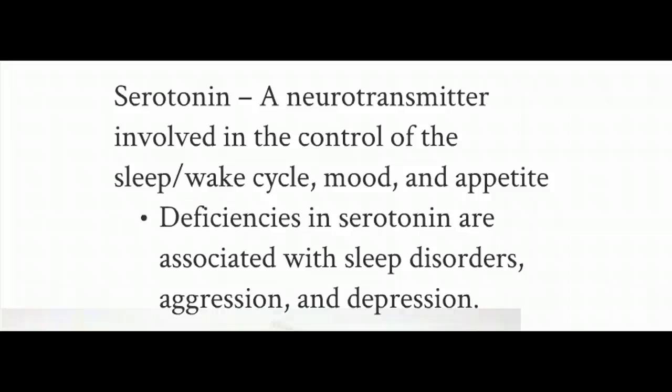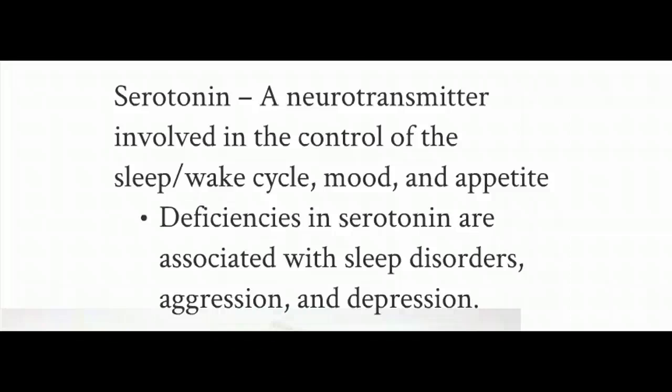Serotonin is another neurotransmitter that I bet you've heard of. Serotonin is involved in the control of the sleep-wake cycle, your mood, and your appetite. An interesting thing, though, is that most of the serotonin in your body is not, as you would think, in your brain, but it's actually in your gut, like in your stomach, in your intestines, really.